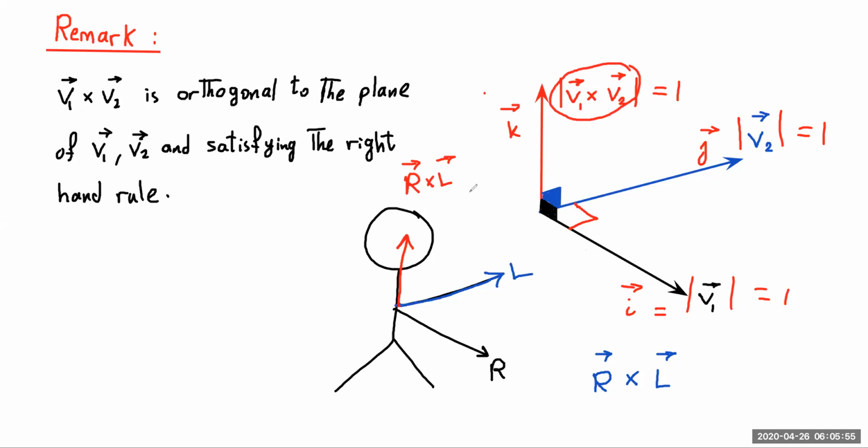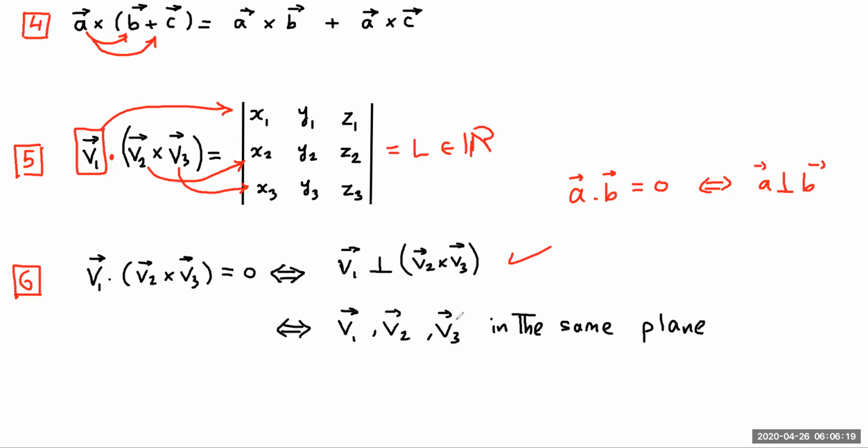So if I suppose that I have vector v3 orthogonal to v1 cross v2, so this vector v3 will be in the same plane here of v1 and v2. So if I suppose a vector orthogonal to the cross of two vectors, they are in the same plane.